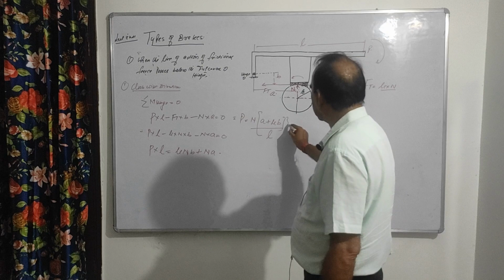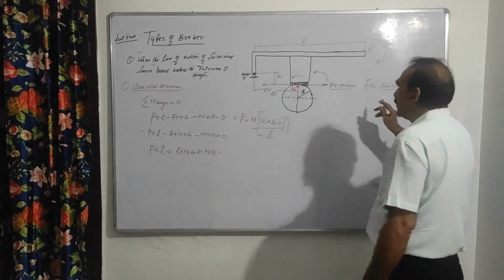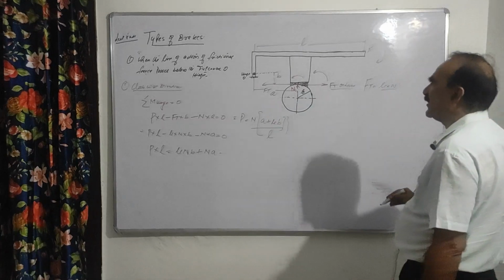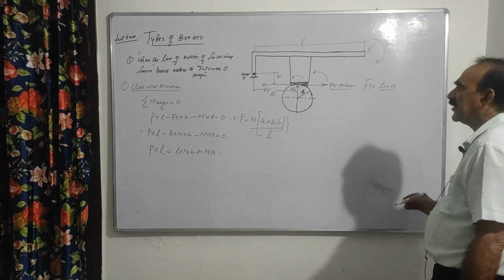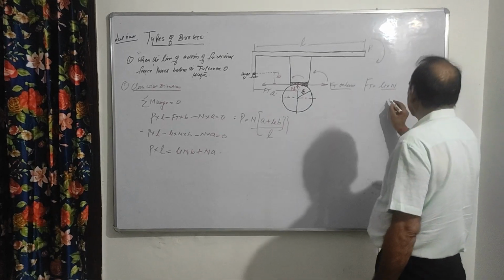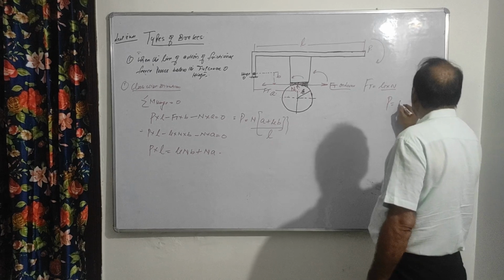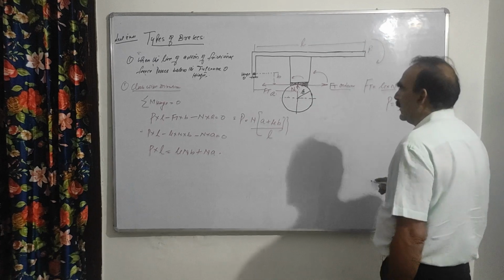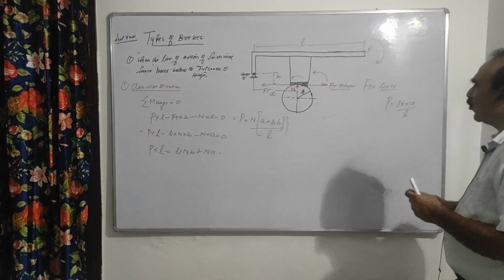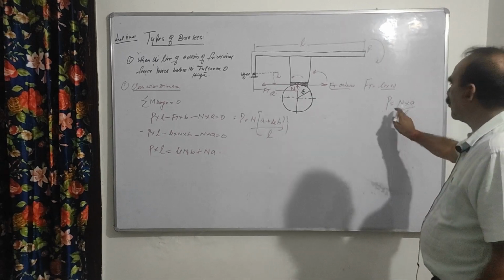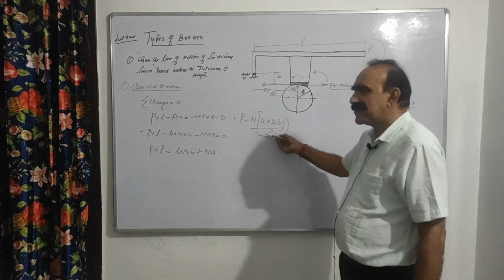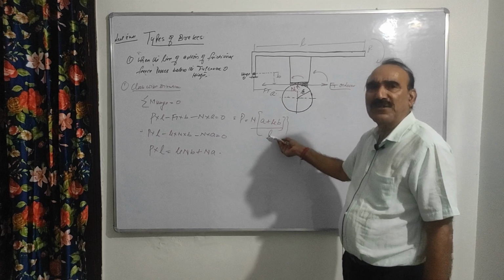So if you compare this equation with your first equation, when the line of action of force passes through the center of the hinge, in that case I think you calculated P like this, N into A upon L. If you compare both the equations, you will see there is no use of this, because here you have to apply more force.